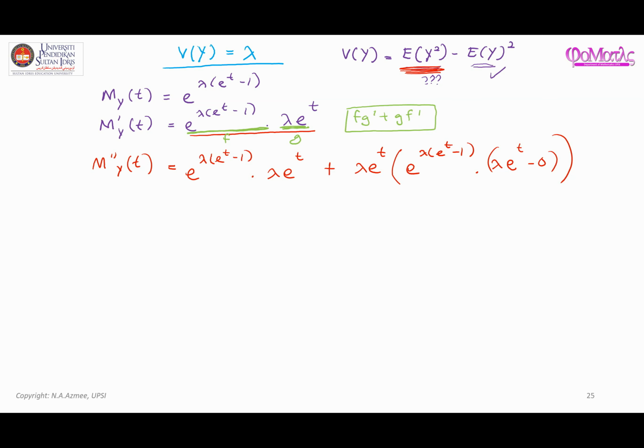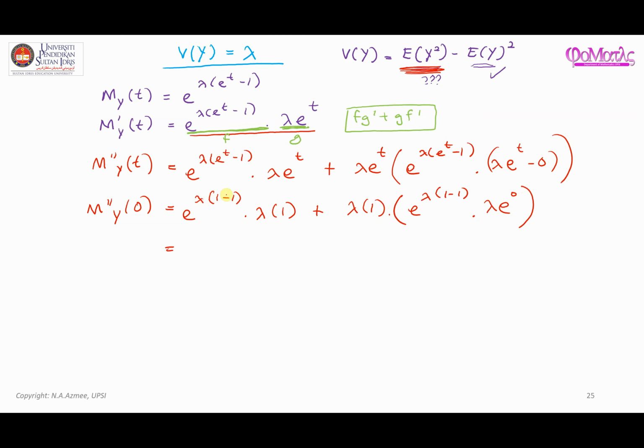What we can do next is substitute t with 0, and the result is going to be e^(λ(e^0 − 1)), where e to the power of 0 is 1, minus 1, times λ e^0, which is 1, plus λ e^0, which is 1, times e^(λ(e^0 − 1)), where again 1 minus 1 is 0, times λ e^0, which is 1.